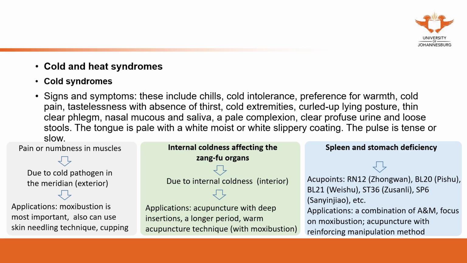The patient may present with profuse urination if the coldness is in the stomach, the spleen, the small intestine, or the bladder. So the patient may present with clear, profuse urine. The loose stool can even be diarrhea.